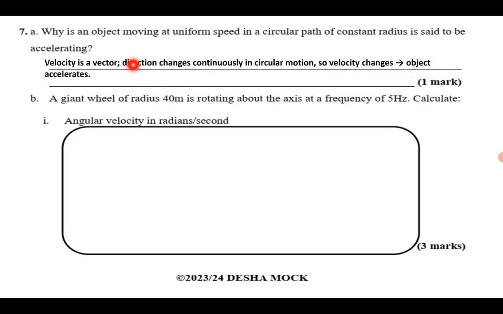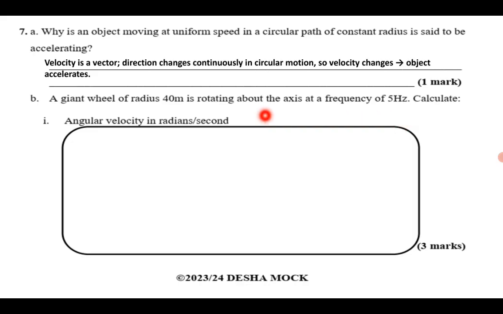So velocity change leads to acceleration. A giant wheel of radius 40 meters is rotating about the axis at a frequency of 5 Hz. Calculate the angular velocity in radians per second. Alright, so look for what you're given.